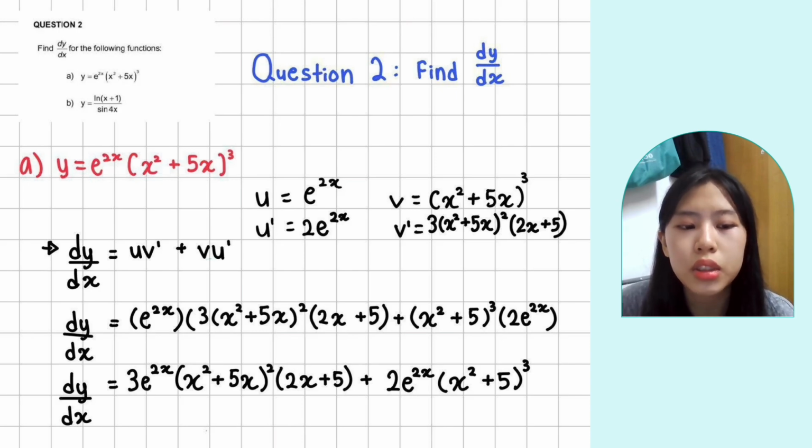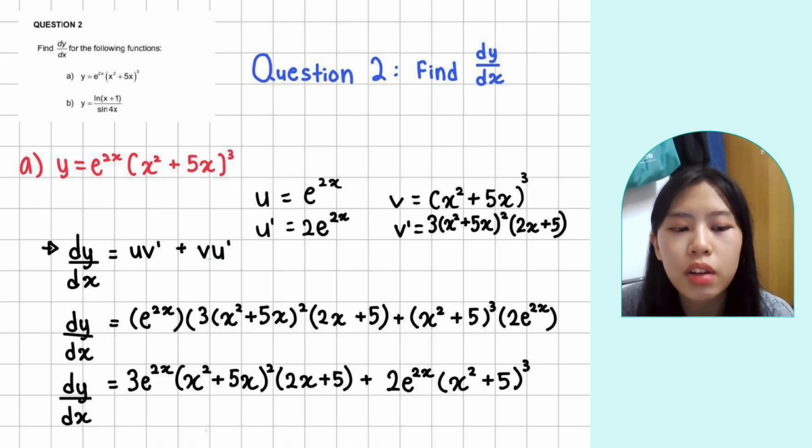This is a composite function, so we use the chain rule. Let w = x² + 5x, then v = w³.